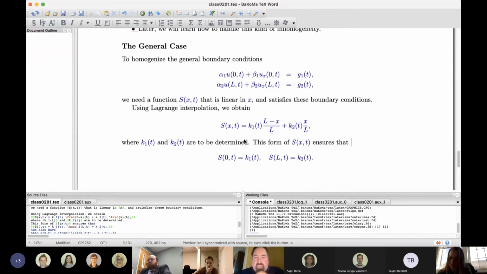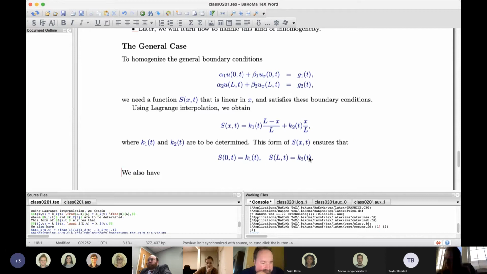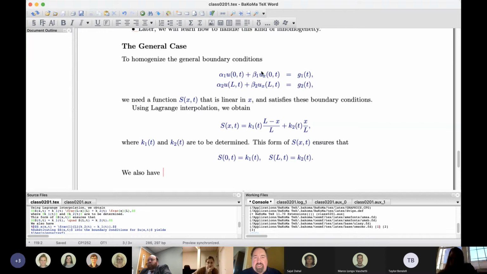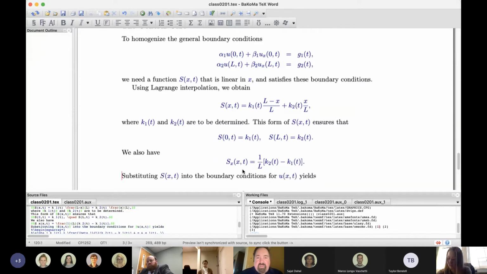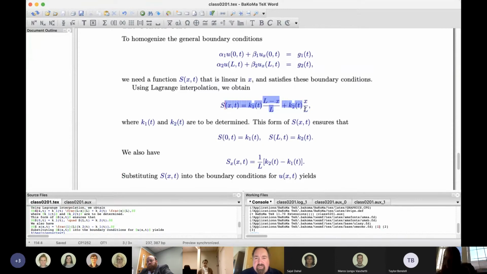Interpolation guarantees this at least. So we need to apply these boundary conditions to S. We need a derivative with respect to x, which is just this. Now we apply these boundary conditions to this S.